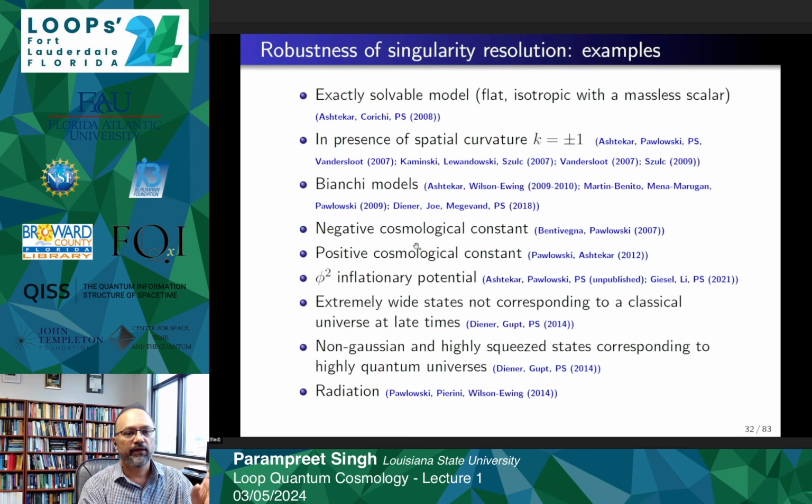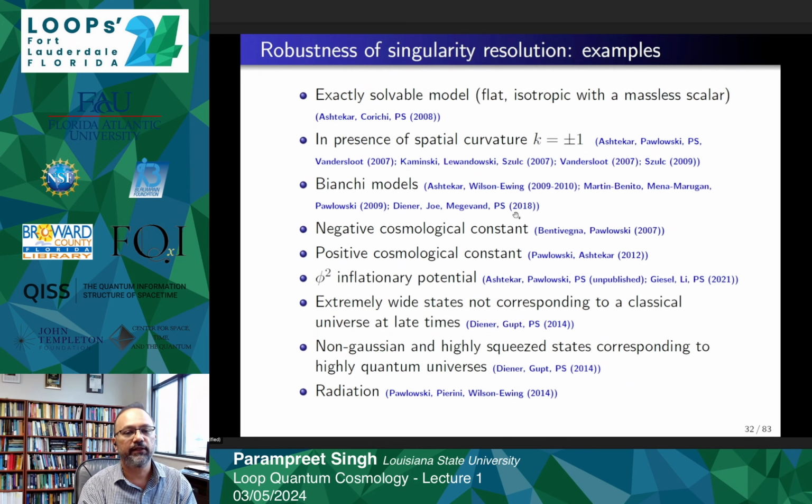If you see, for the massless scalar field, the equation of state is w equal to 1, but for the positive cosmological constant, the equation of state is w equal to -1. From w equal to 1 to w equal to -1 is the entire regime of the null energy condition. Once we tested this, I think it was fair to make the assumption that the effective dynamics works pretty well, including for the Bianchi models, where we showed that effective dynamics really works pretty well. So it was a reasonable assumption that the effective dynamics works pretty well.